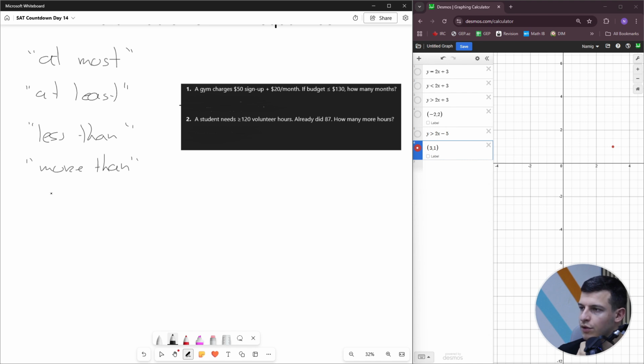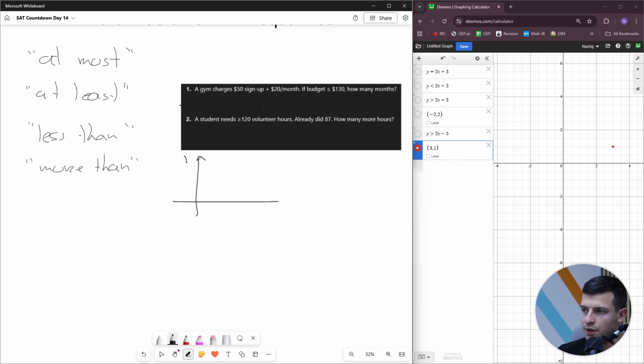The question wording is a bit strange, but a gym charges $50 to sign up and $20 per month. So we have an initial cost of $50, right? And $20 for every month that you go. We can actually create a linear model here. So if you think of it as a graph, that's not a straight line.